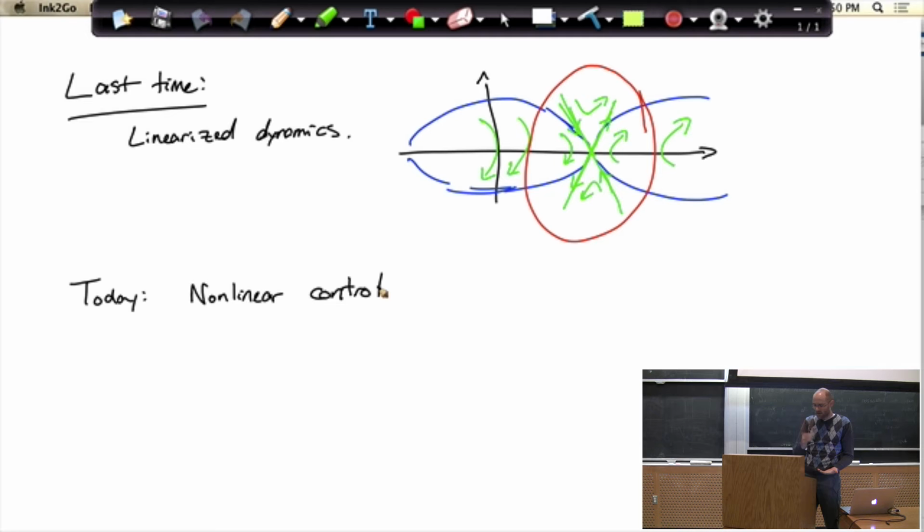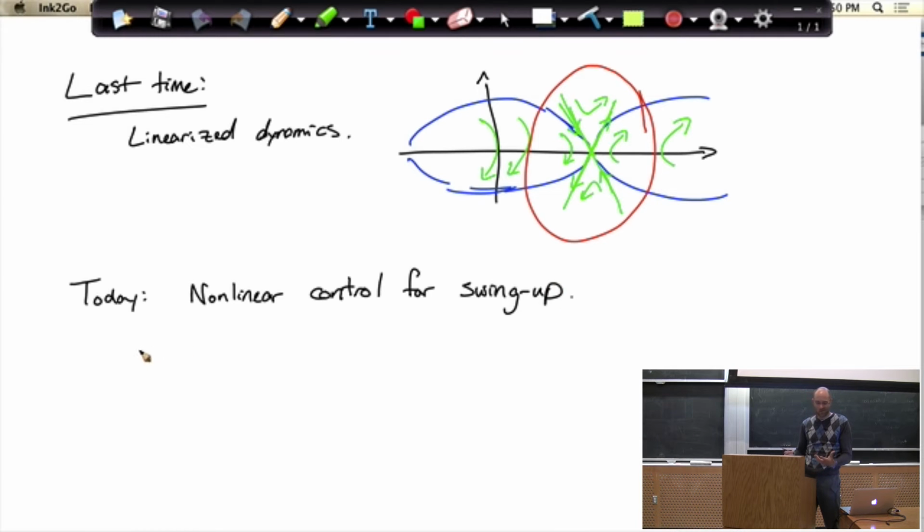In particular, the thing we didn't solve: we separated the problems before into swinging up the Acrobot and Cartpole and then balancing. We did the balancing, but we haven't done the swing up task. So today we're going to do nonlinear control for the swing up.